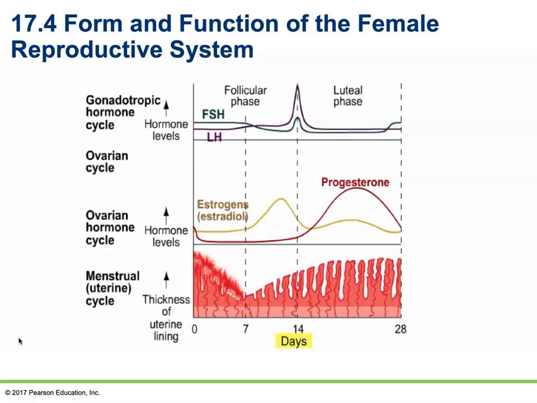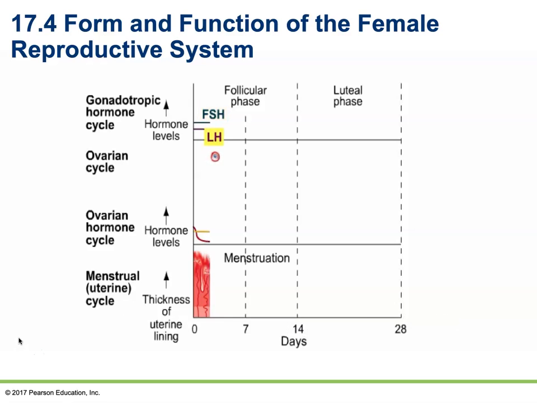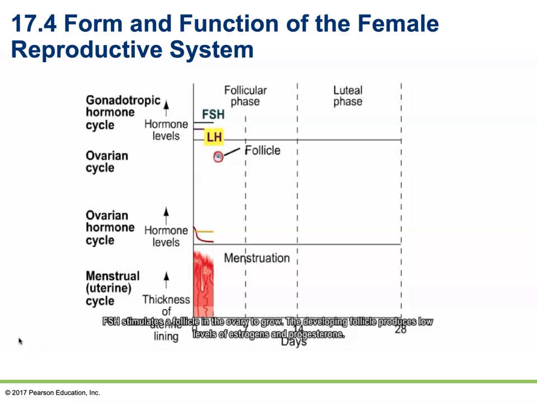At the beginning of menstruation, the pituitary gland releases high levels of follicle-stimulating hormone, abbreviated FSH, and low levels of luteinizing hormone, or LH. FSH stimulates a follicle in the ovary to grow. The developing follicle produces low levels of estrogens and progesterone.